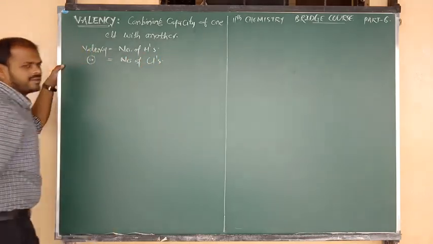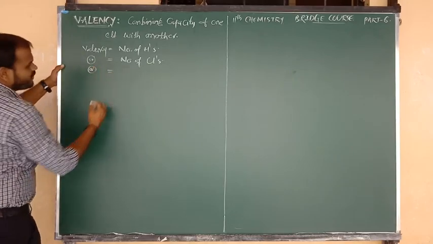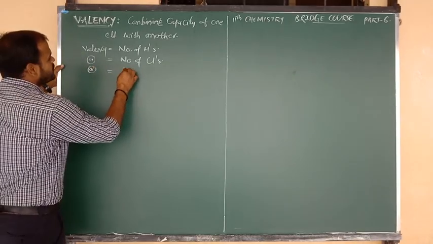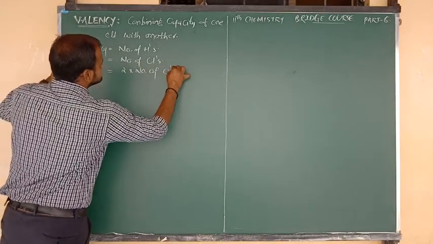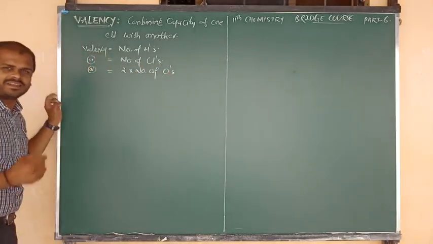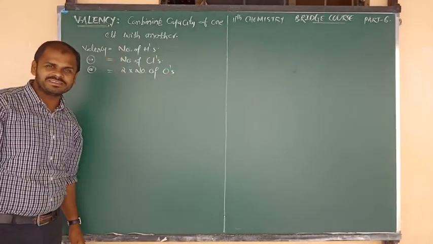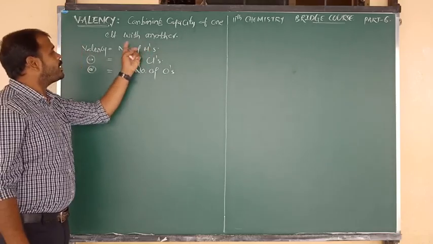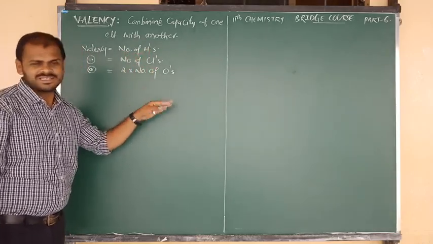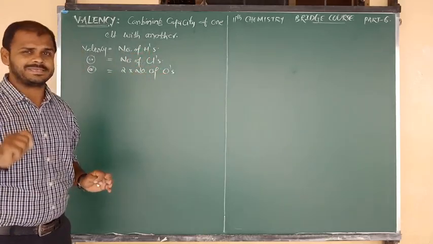Another formula we can apply: valency equals 2 into the number of oxygen atoms. Whatever the compound may be, simply see the compound, count the hydrogens, count the chlorines, and 2 into the count of oxygens. You will get the valency.